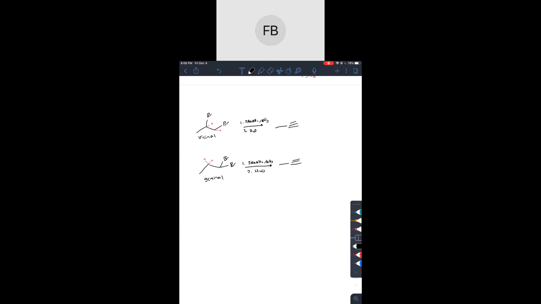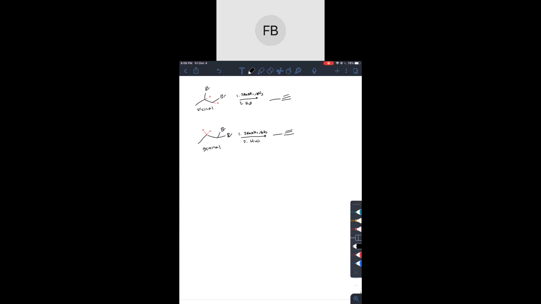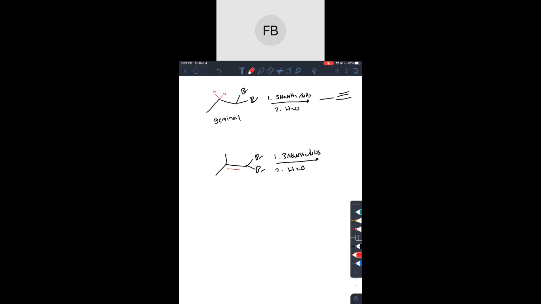Some examples where you can't produce a triple bond, I don't really know if you'll ask this, but something like this. You can't produce a triple bond here because basically you can't form a triple bond going in this direction because that would violate octet for this carbon, right?